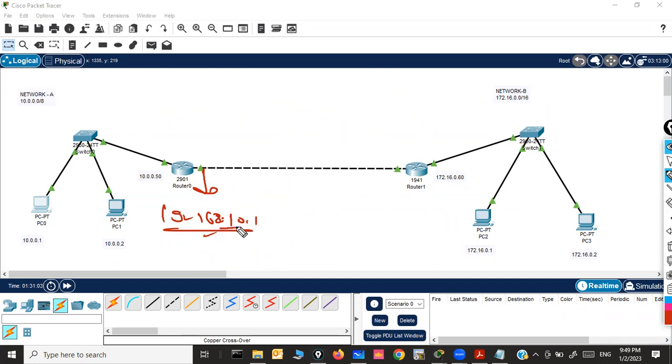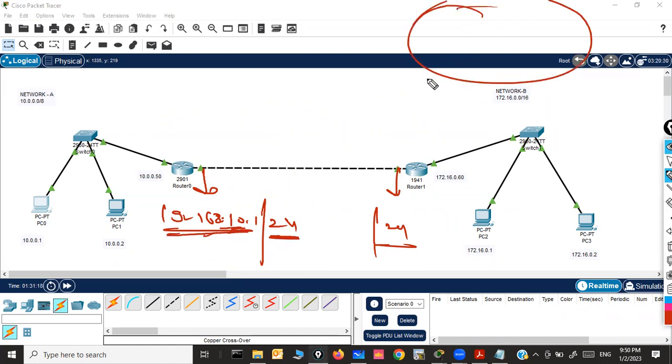If the subnet mask you are using here is /24 and here again /24, that means two IPs from a class C major network. /24 means a network with 8 host bits, so 2 raised to the power 8 minus 2, 256 minus 2, 254 IPs. So we have utilized only two IPs from a 254-IP network. This way we are going to waste 252 IPs.